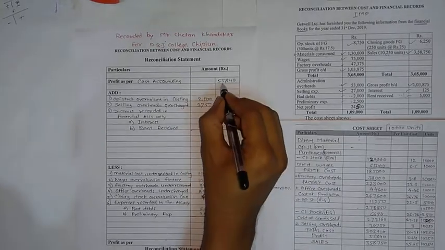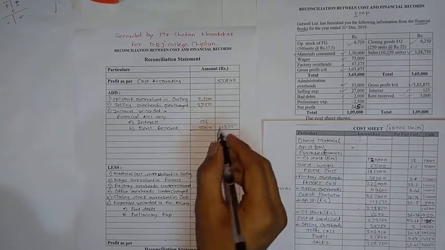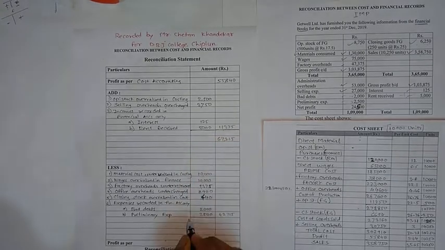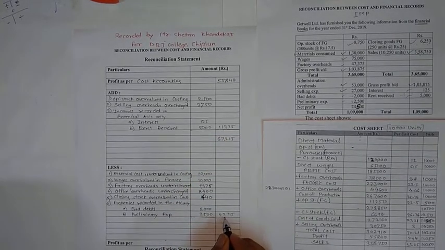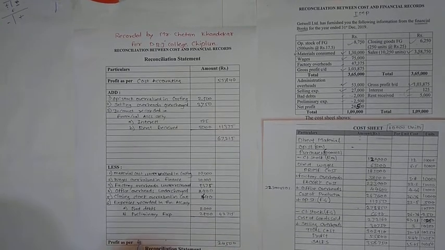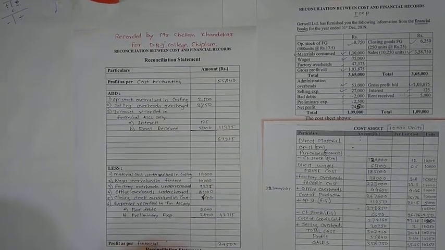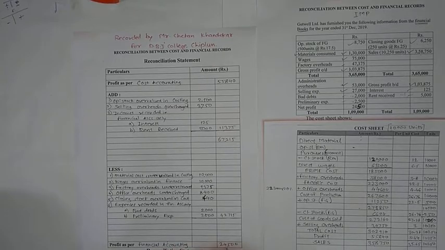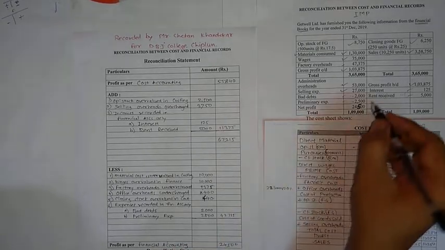This amount should be added in 55,840. Here total will be 67,215. Total of less items is 42,715. After deducting this amount, we will get 24,500, which is profit as per financial accounting. So profit as per financial accounting is 24,500.